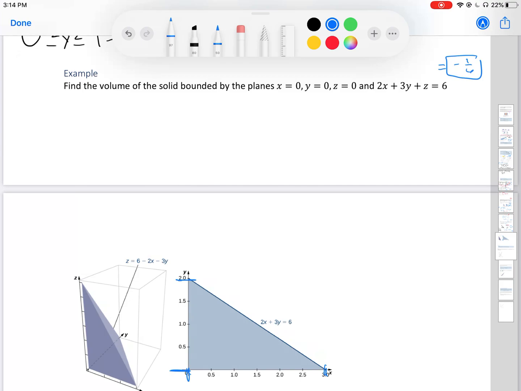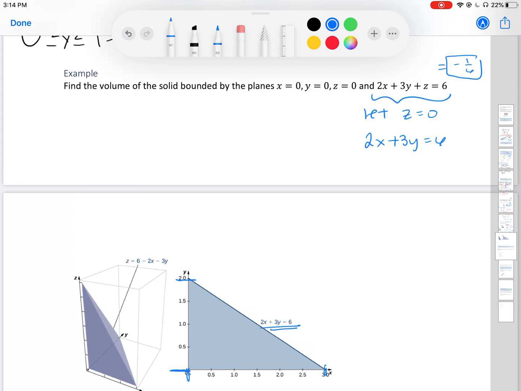Okay, so to enclose our value, to get to our picture here, we're going to make z 0. So if we let z equal 0 so that we can work with that function, we have 2x plus 3y equals 6. And that gives you this line here. If you want it in y equals mx plus b form, you can go ahead and do that.